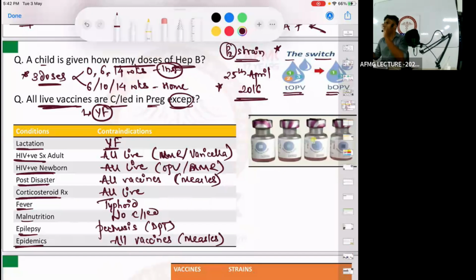Let me know, this is important: which scientist developed the first vaccine? Louis Pasteur, raise your hands. Quickly, raise your hands. Confidence.